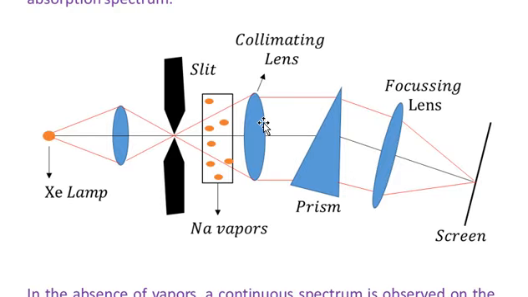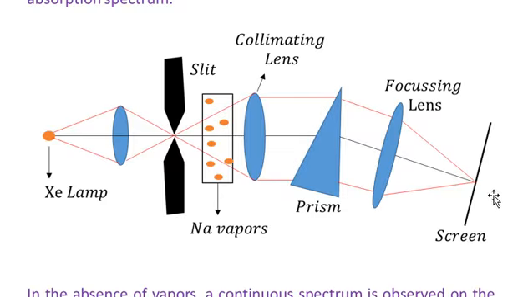It might be possible that a small portion is emitted in that direction, but the majority of the light will be emitted by these sodium vapors in other directions. So these D1 and D2 lines will be missing in the collimated beam.